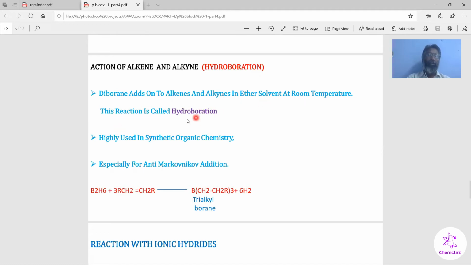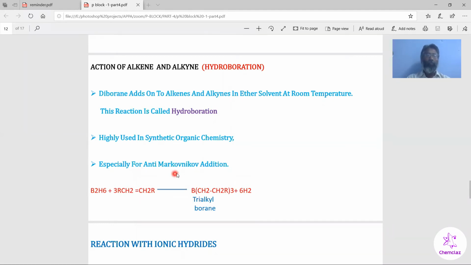That is addition of diborane with the alkene or alkyne, which gives trialkyl borane. This reaction is used in synthetic organic chemistry, especially for anti-Markovnikov addition.